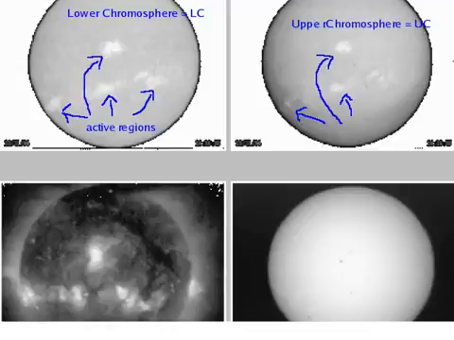So the upper chromosphere really matches the best in terms of where it shows activity compared to the lower chromosphere on the left.